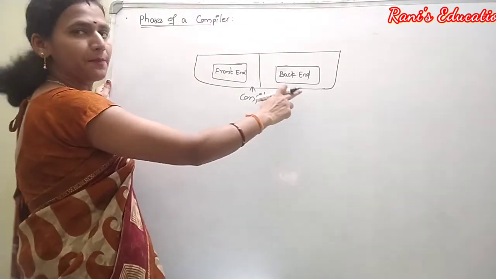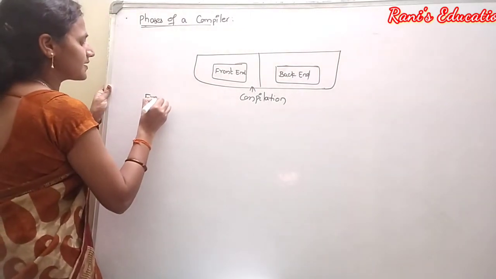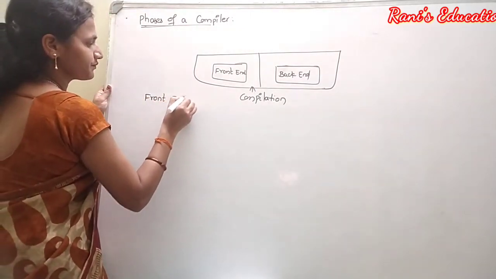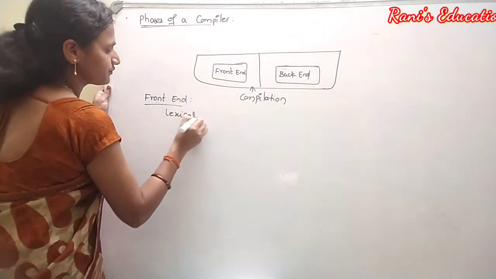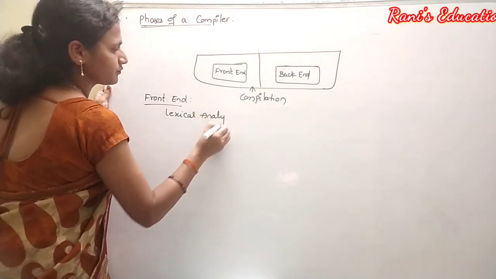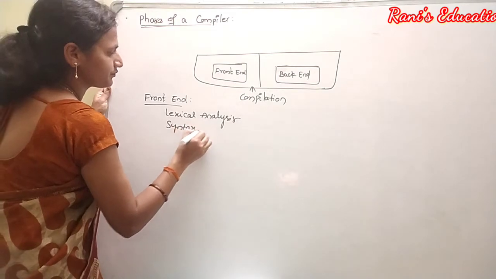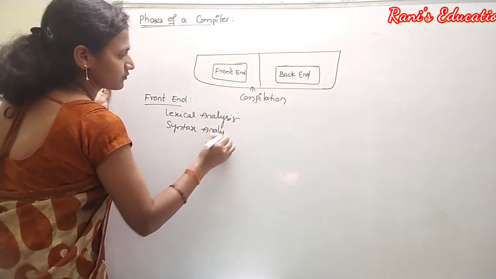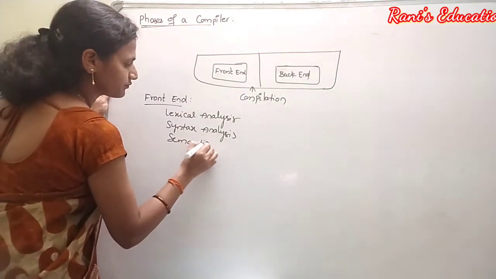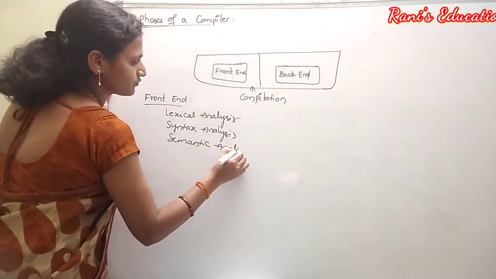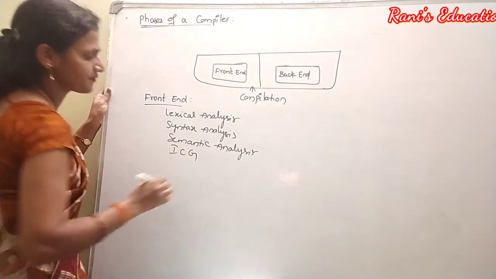Now, in compilation we mainly have two parts. One is the front end of the compiler, another is the back end of the compiler. The front end of the compiler consists of 4 phases: lexical analysis phase, syntax analysis phase, semantic analysis phase, and intermediate code generation phase.